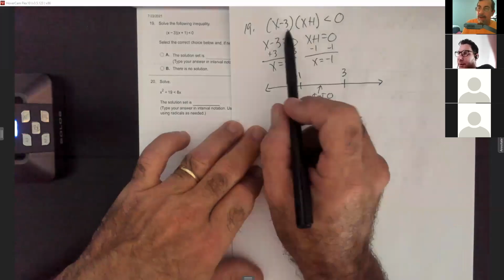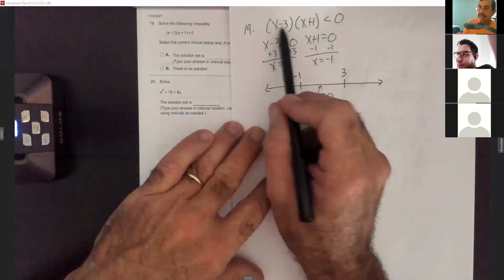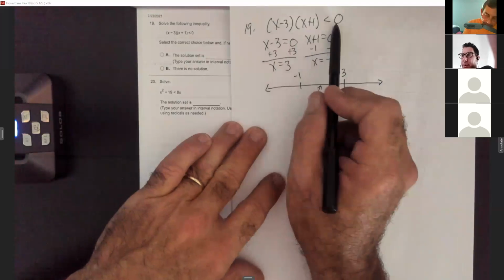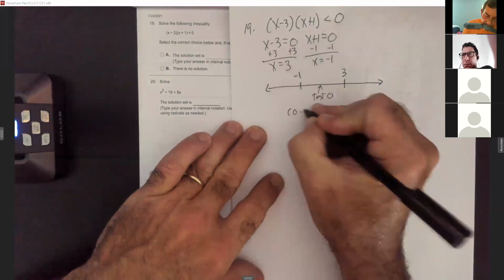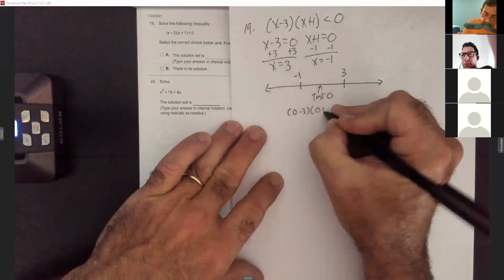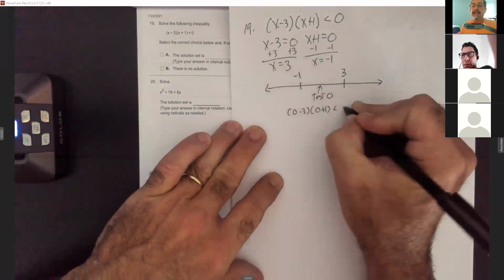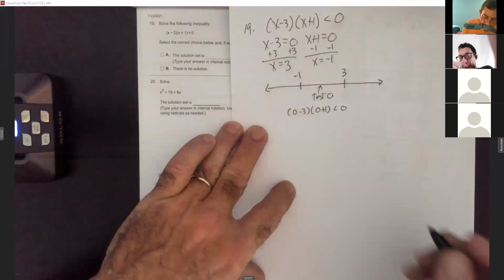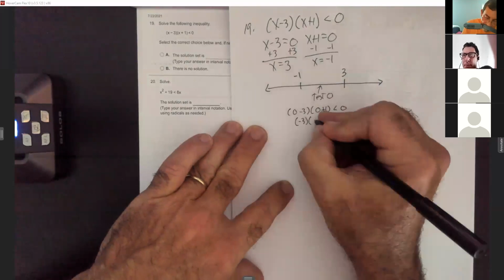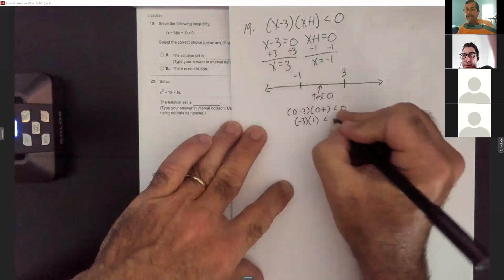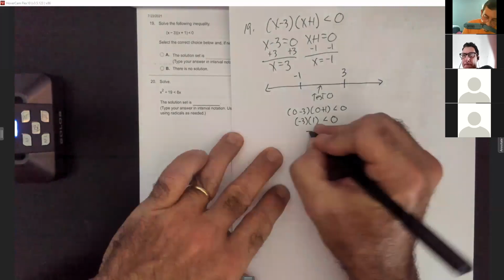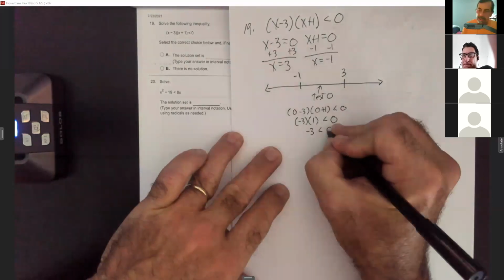So plug a 0 into this equation and see if it's less than 0, true or false. So 0 minus 3 times 0 plus 1 has to be less than 0. So -3 times 1 has to be less than 0. So y'all, the question, is that true or false?